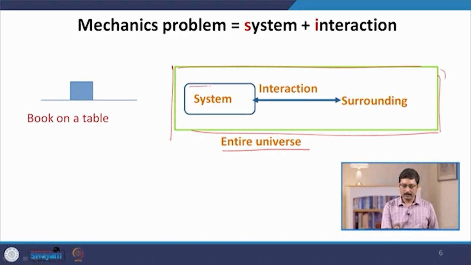The first piece is the system, which in this example is the book. Everything else outside the book, that part of the universe, is called the surrounding. Now, why do we break this into these two parts? Because the surrounding and system interact with each other.